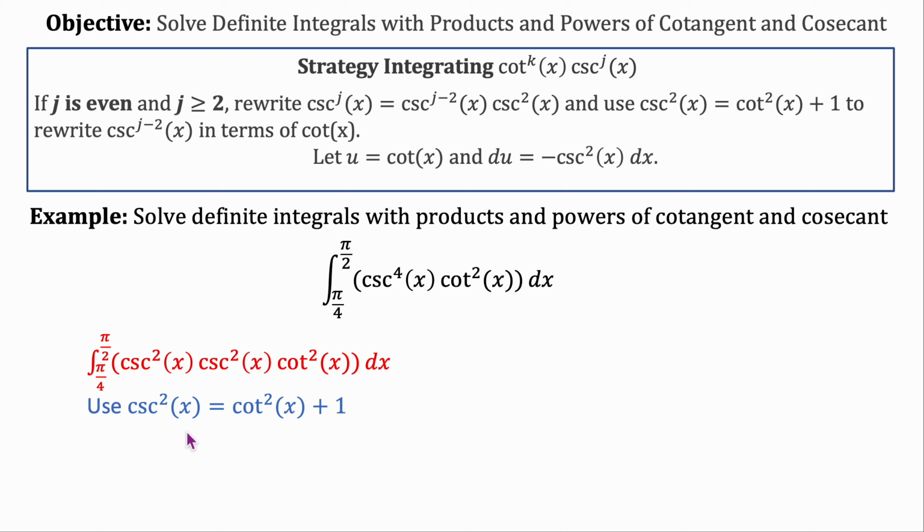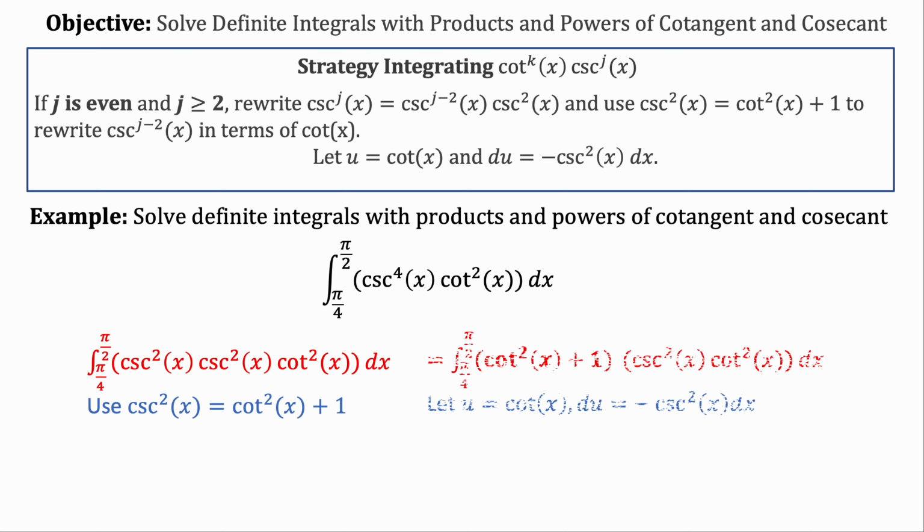So we're going to take 2 of our cosecants. Remember, see how we split apart 2 of them. We are going to take 2 of them and rewrite it as cotangent squared plus 1. So you're going to see in parentheses our cotangent squared of x plus 1.